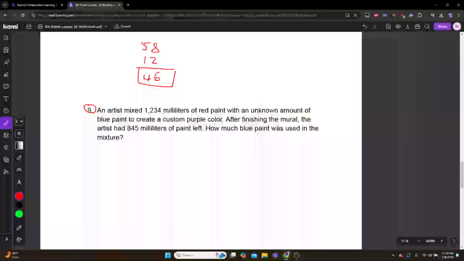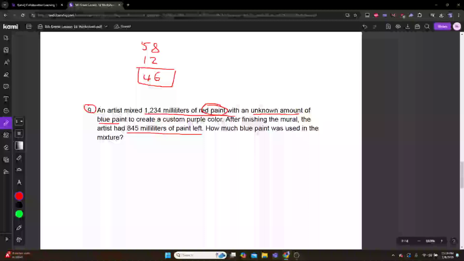Okay, so we know that the artist used 1,234 milliliters of red paint with an unknown amount of blue paint. So we don't know how much blue, but we do know how much red to create purple. So they're mixing these two together, and then after finishing, the artist had 845 milliliters of paint in general left.